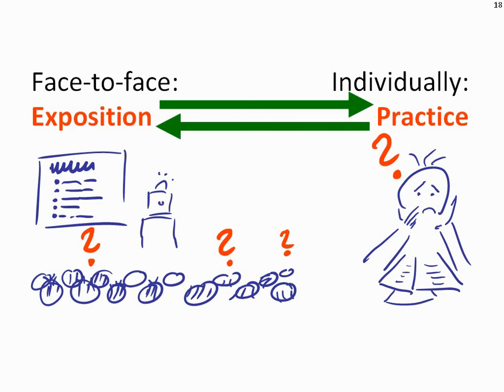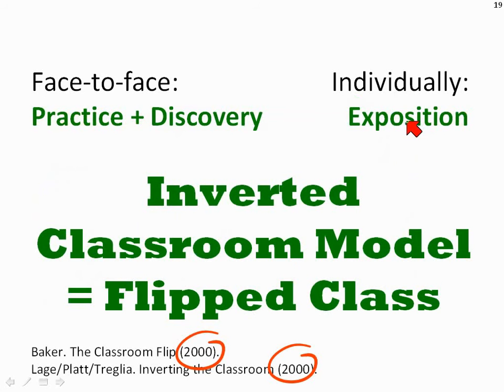You try to interchange these two, flip the class, invert the class, to have exposition, in particular via videos, and practice, and even more, hopefully, discovery, discussions during the face-to-face time. This is nothing really new. So there were 2 papers in the year 2000 on that topic, the classroom flip and inverting the classroom. Hence, we still have these 2 names, inverted classroom model and flipped classroom, these 2 coexisting names.